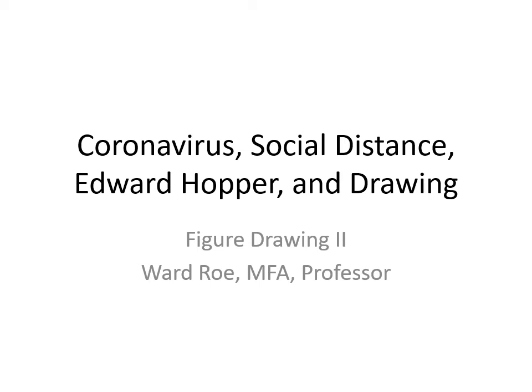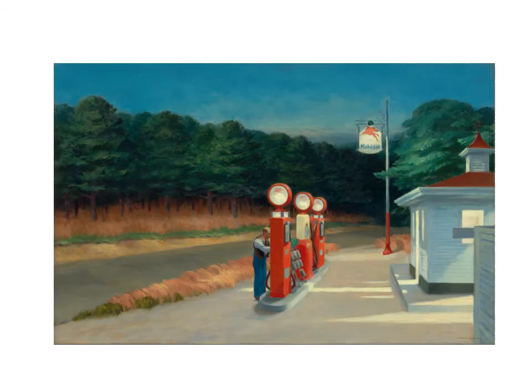So that said, I want to provide you with a little bit of information relative to a couple of artists. Edward Hopper is an American artist who came of age through the 20s and 30s, and by the 40s was a pretty well-known artist.